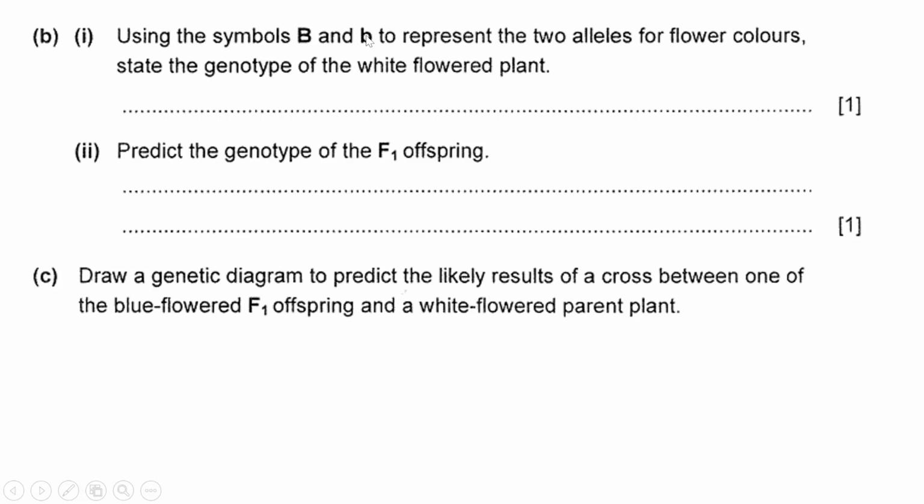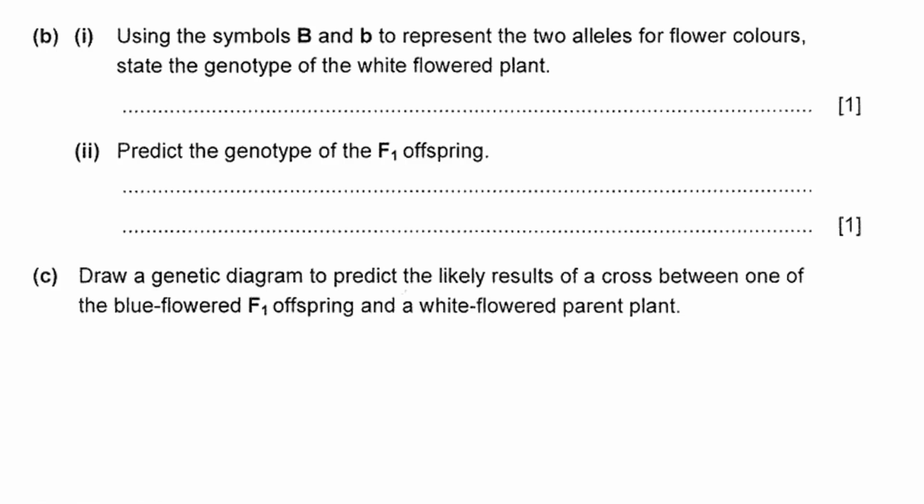Now we have determined that the white flowered plant was carrying recessive alleles. So since it was carrying a recessive allele, between the capital B and the small letter b, which one are we going to choose? We are going to choose the small letter b. And because it was homozygous, it means that it had the same genes, two of the same type.